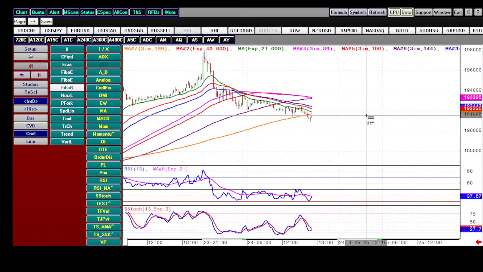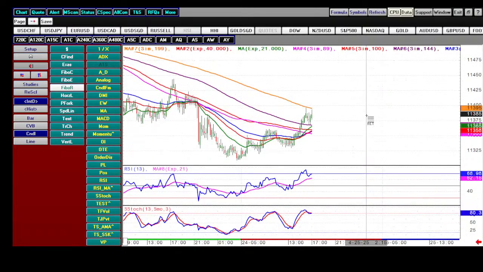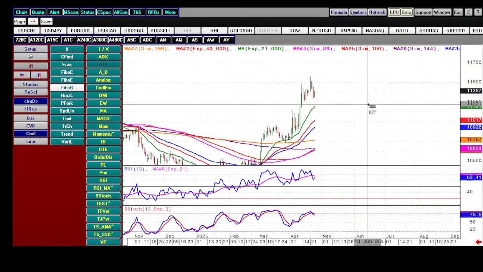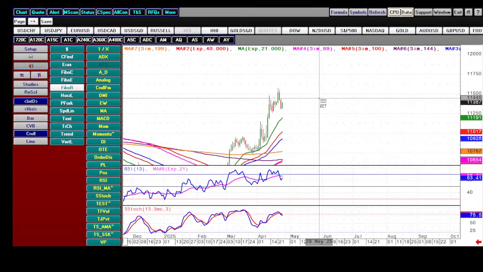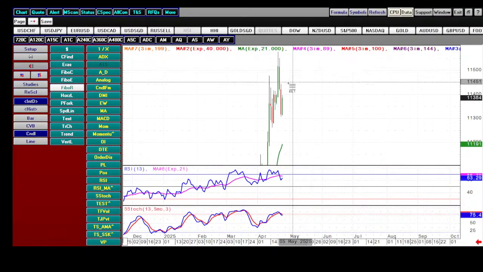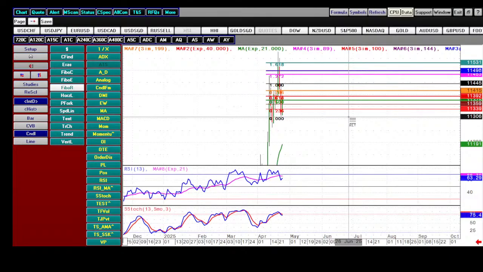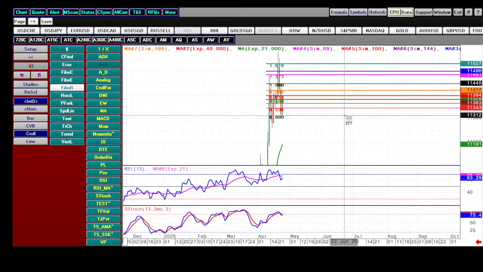Okay, so now when we look into euro dollar, right now this market, we should be able to see a sell at 11440, or slightly an extension towards 11480 or 90.